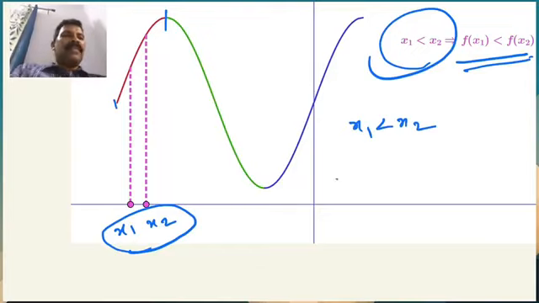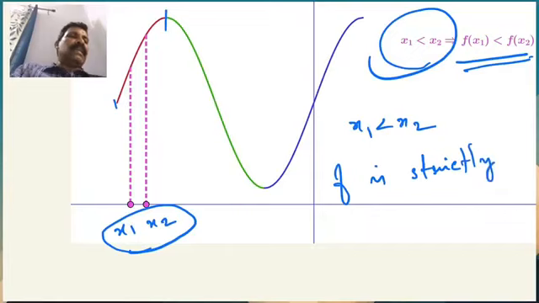If it happens, we can say the given function is a strictly increasing function.